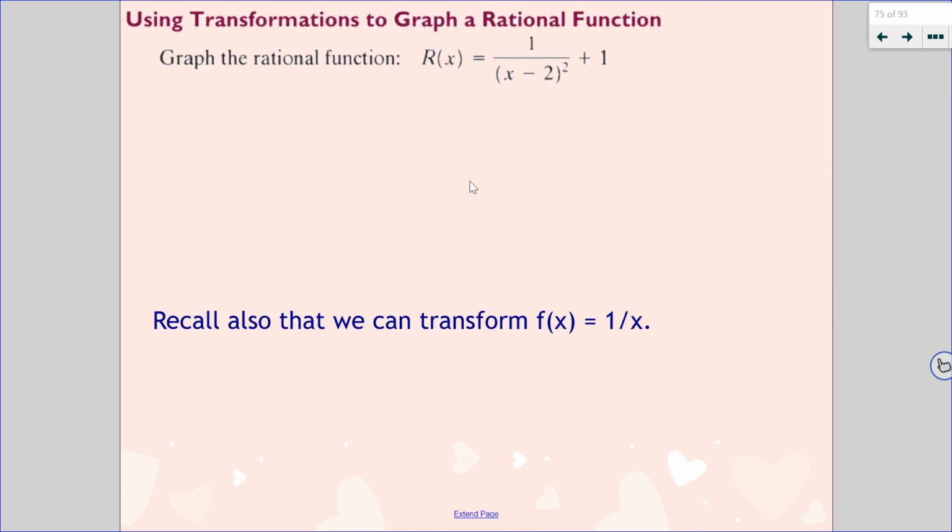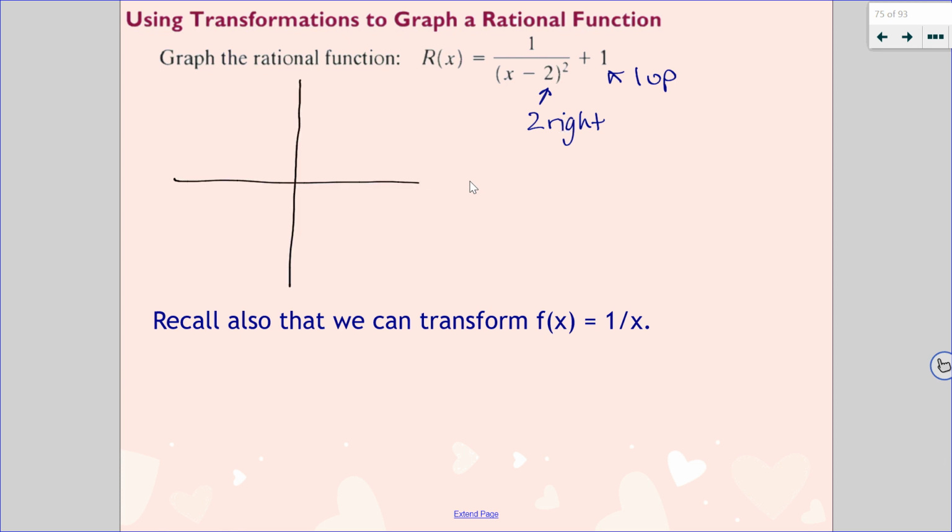All right, and we can also look at it as a transformation of a function. So this is a transformation of the function we just graphed, but the -2 near the x moves it 2 to the right, and what does the +1 do? 1 up. And when you're transforming a rational function, you want to move the asymptotes. That's going to help you out the most.